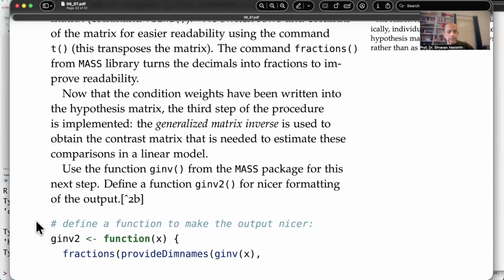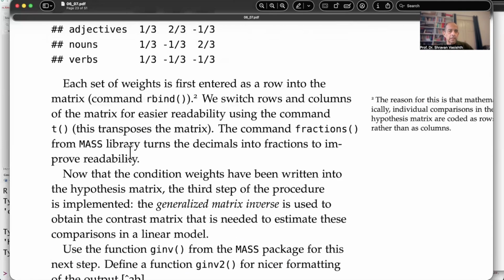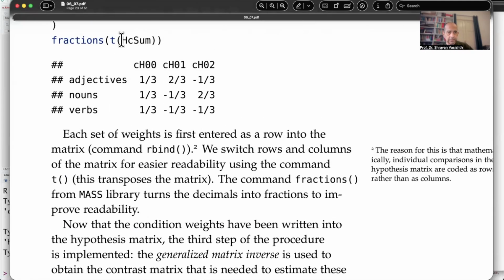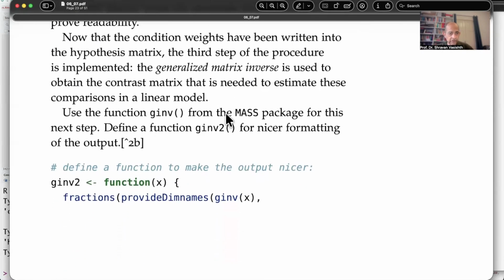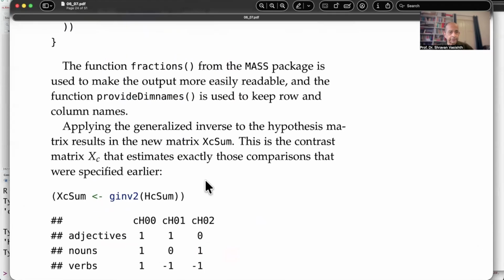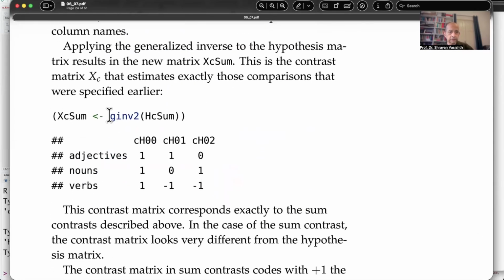So now let's use the ginv function. There's just some prettification going on in this function that inverts the hypothesis matrix. Okay, this HcSum is going to get inverted now using ginv, and when we do that, here's the fancy cleaning up function.